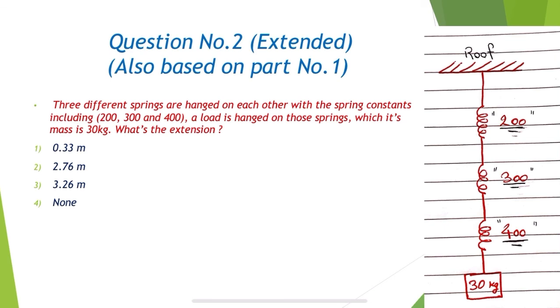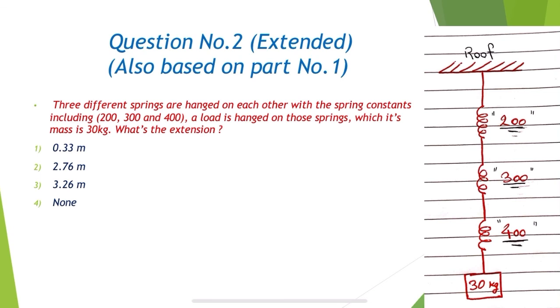Don't forget this. 3 different springs are hanged on each other with spring constants 200, 300, and 400. A load is hanged on those springs, and its mass is 30 kilograms. What is the extension?